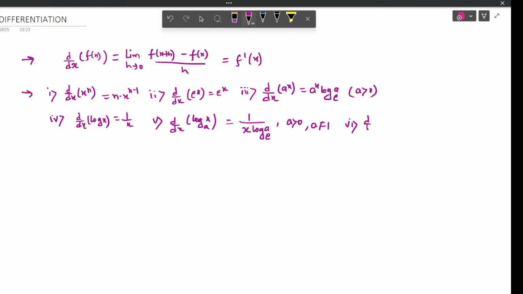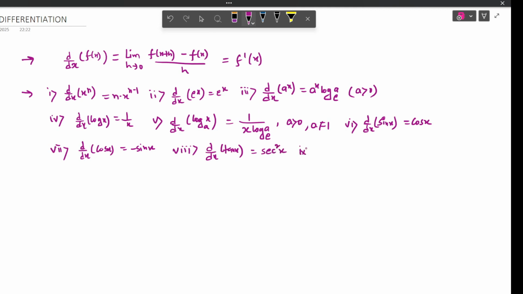Now number 6, d dx of sin x is cos x. Number 7, d dx of cos x is minus sin x. Number 8, d dx of tan x is sec square x.